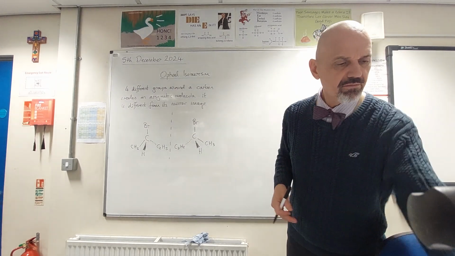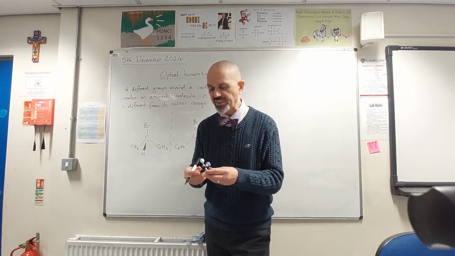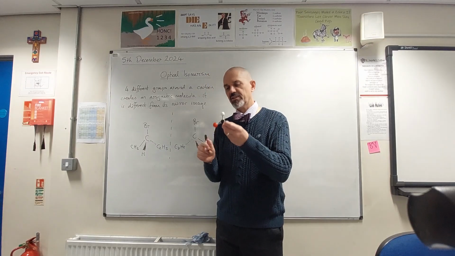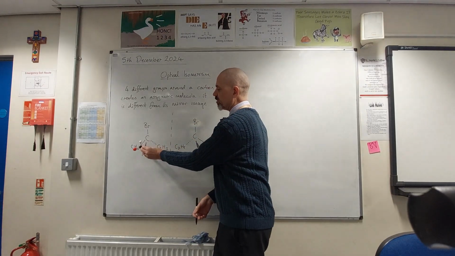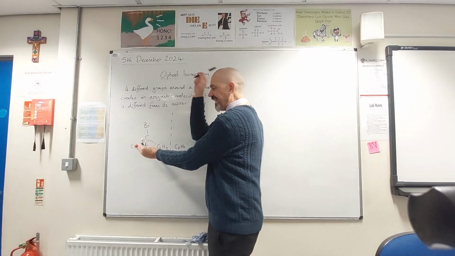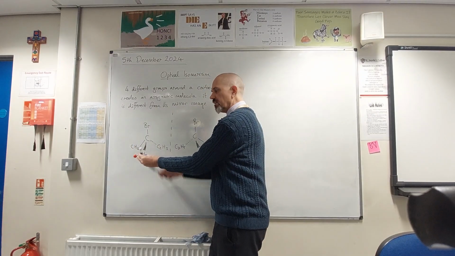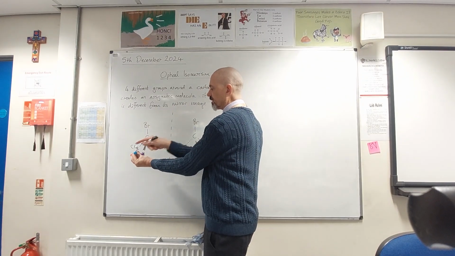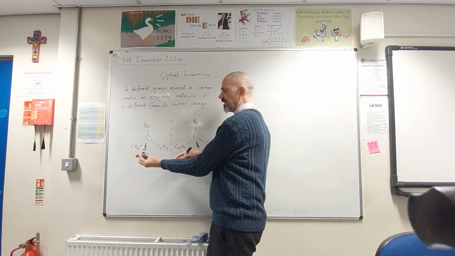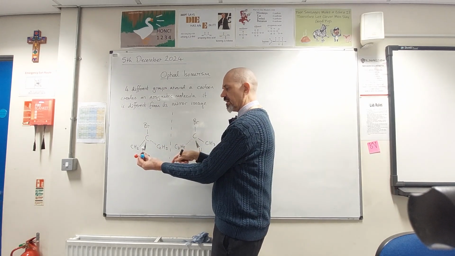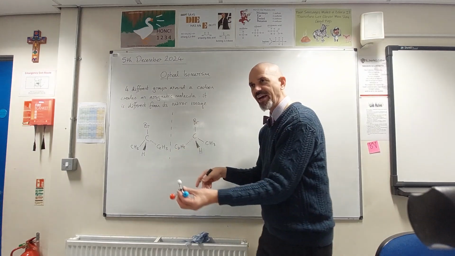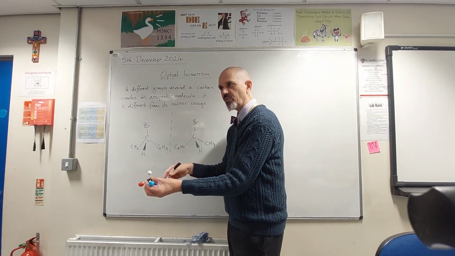Right. So as I said, in this particular representation, the white and the red are in the plane of the board, the blue is sticking out towards you, and the purple's disappearing off into the distance. There are obviously other ways that you can represent the molecule.